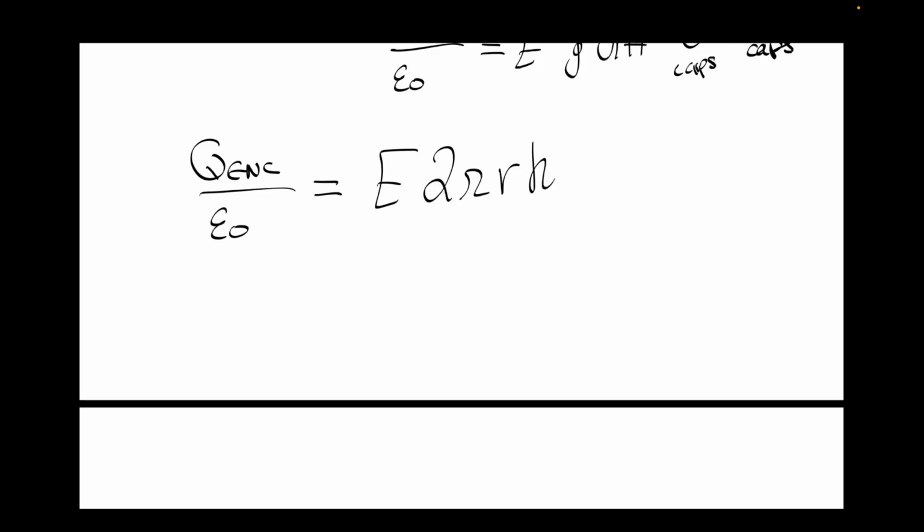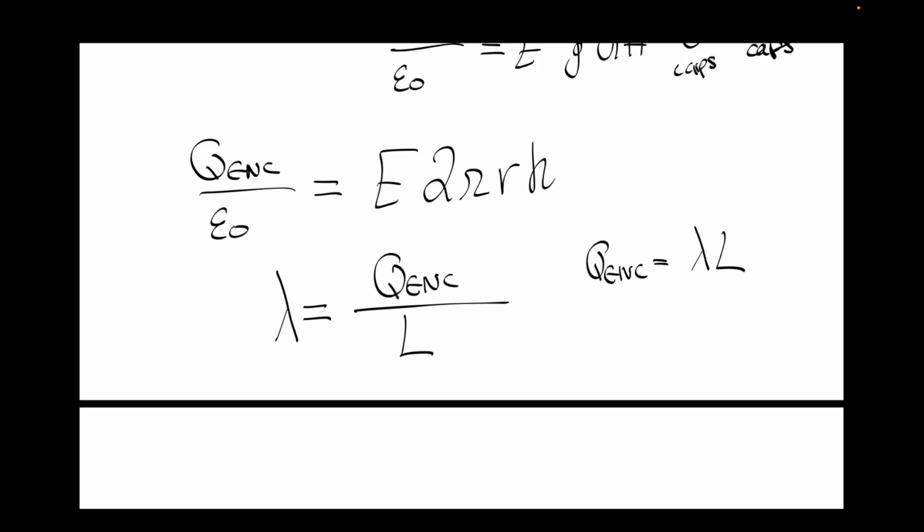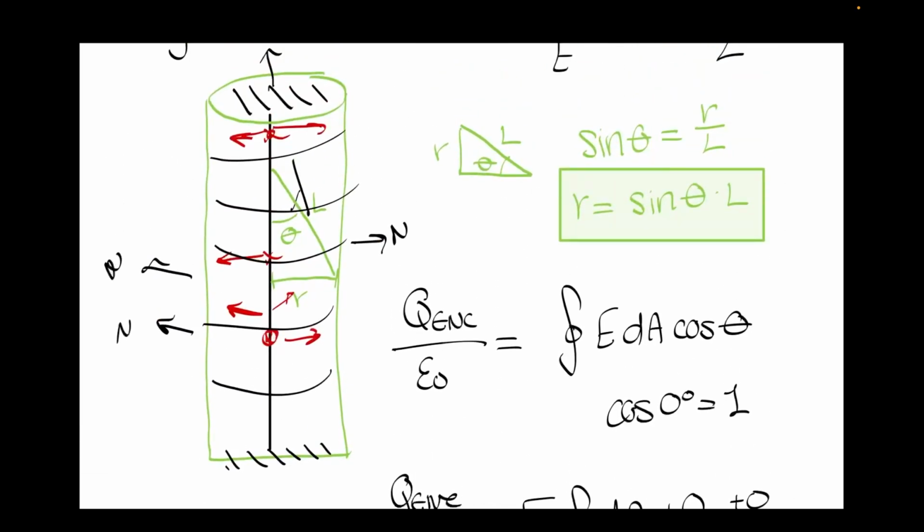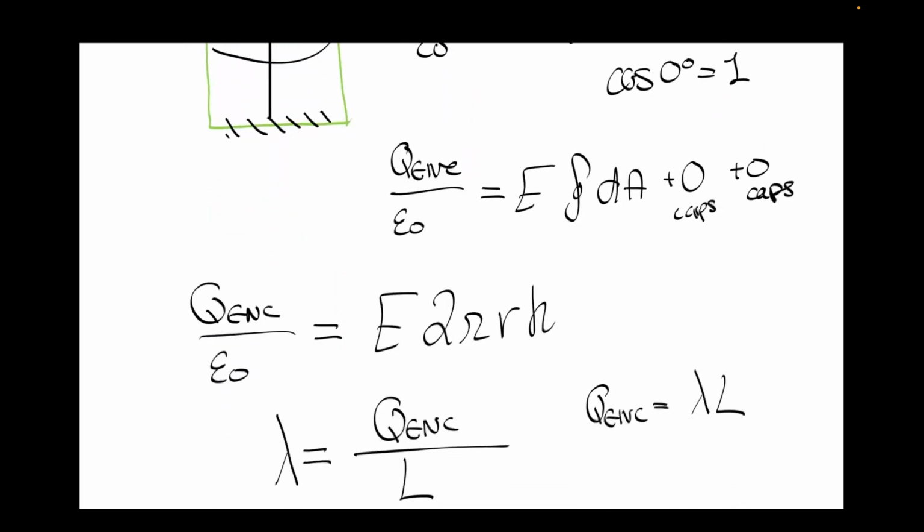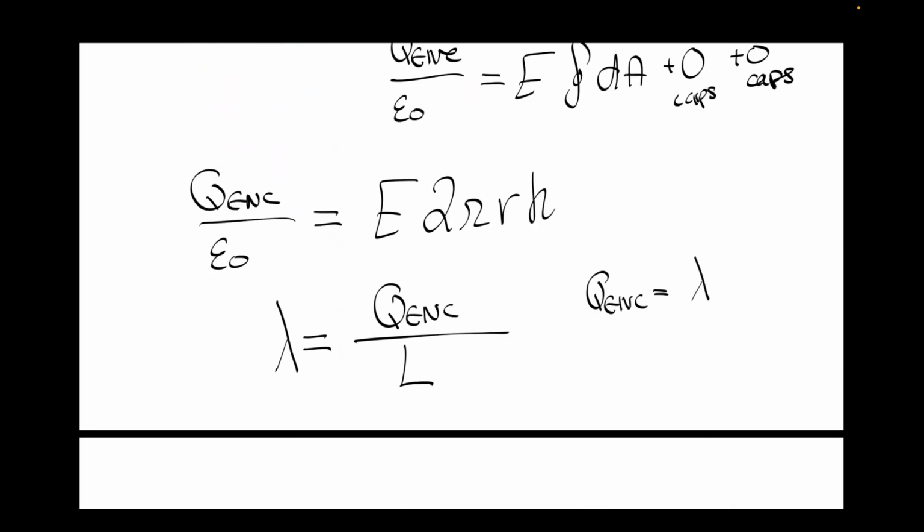Remember, lambda equals Q enclosed divided by the length of the rod. So I have Q enclosed equals lambda L. But the L of this rod here is also the height, because they're quote unquote very long or infinitely long. So this is just H.